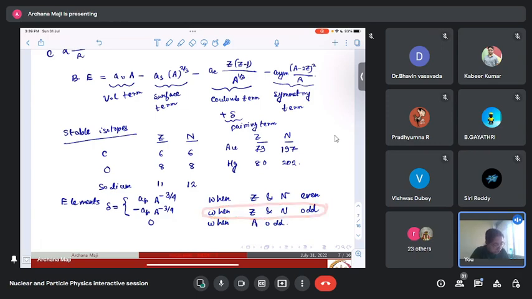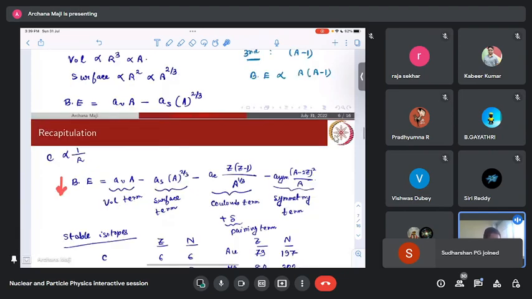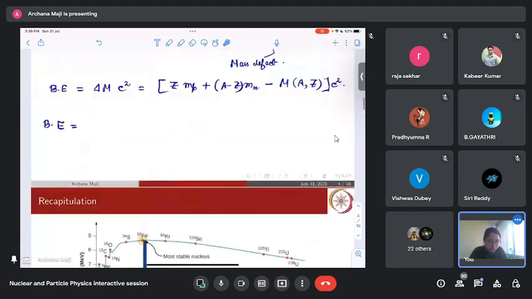That's why this pairing term has a negative sign for elements having Z and N odd, because a negative sign means binding energy will be further reduced. We have seen that if binding energy is small, then the energy of the nucleus is more. That makes the nucleus more unstable.